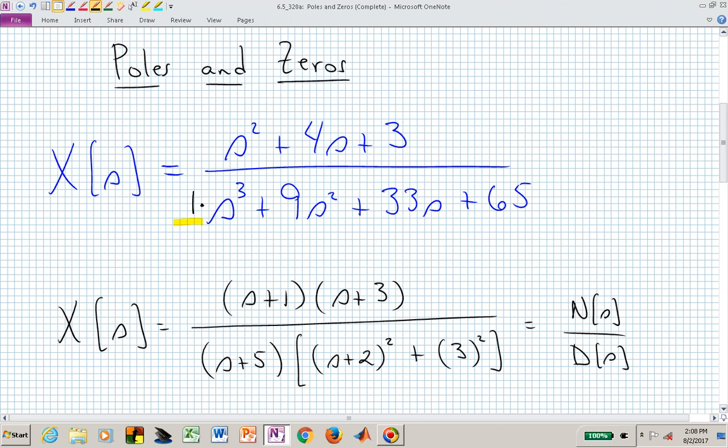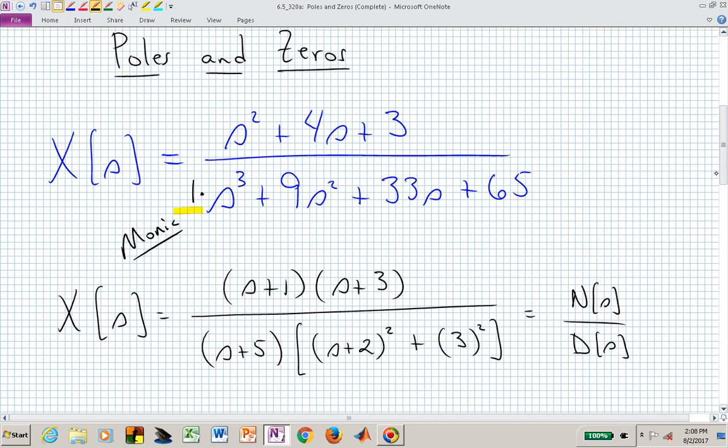Here we've already normalized the leading coefficient, so this is a monic polynomial, and that just means that the leading coefficient in the denominator has a coefficient of 1.